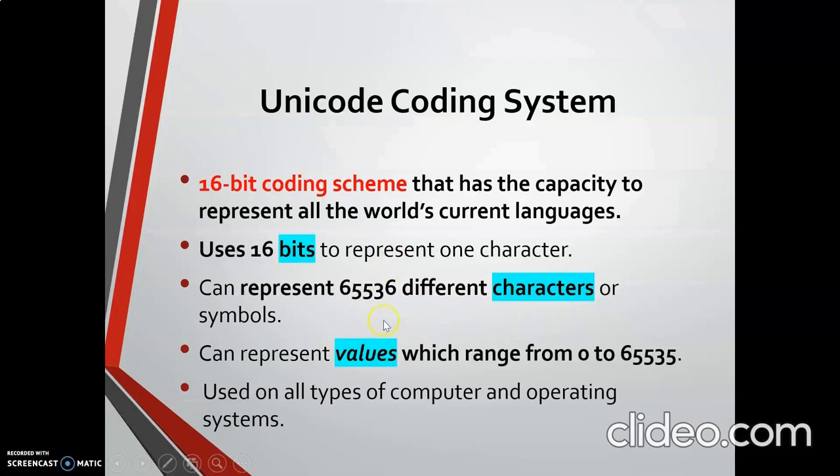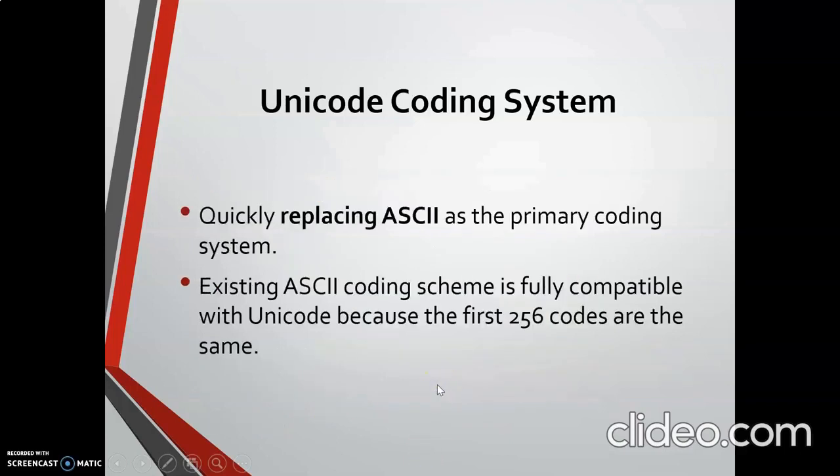So it is about enough to represent any language that exists in the world, right? The values, of course, range from 0 to one less than the number of combinations, from 0 to 65,535. It can also be used on all types of computers and operating systems. That makes Unicode now the most popular coding scheme, quickly replacing ASCII as the primary coding system.